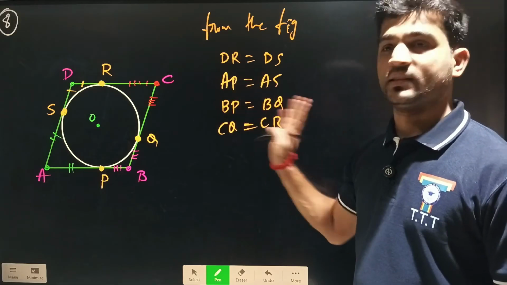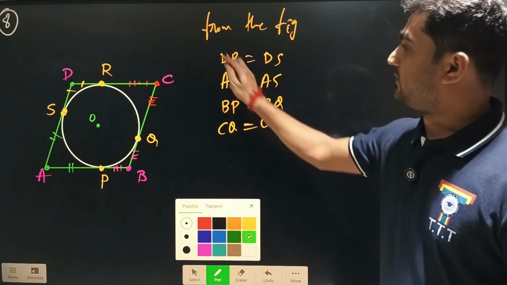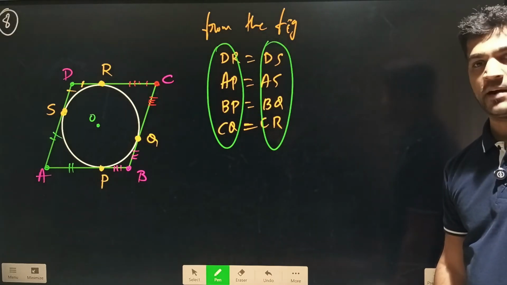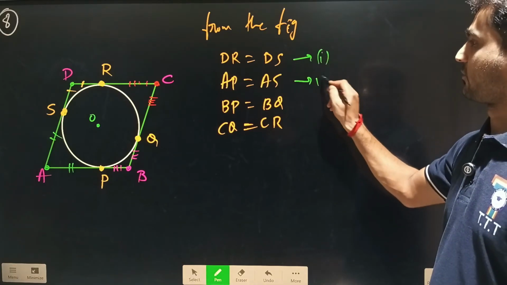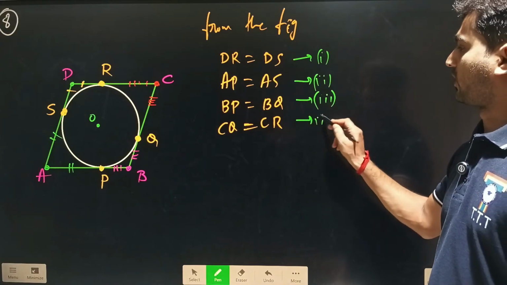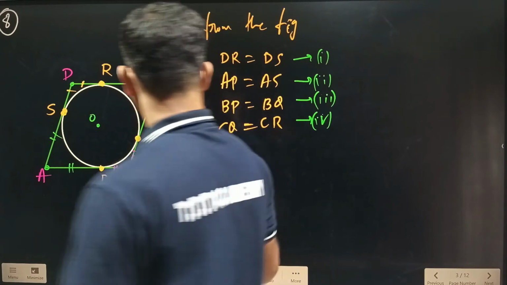Now let's add all the things. This side should be equal to this side. Let's call this equation number 1, equation number 2, equation number 3 and equation number 4. Let me add 1, 2, 3, 4 all.